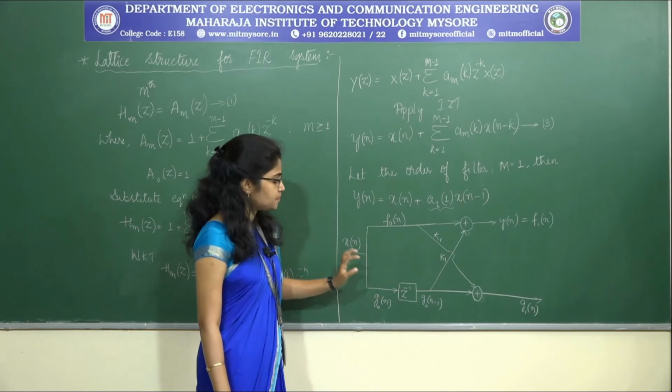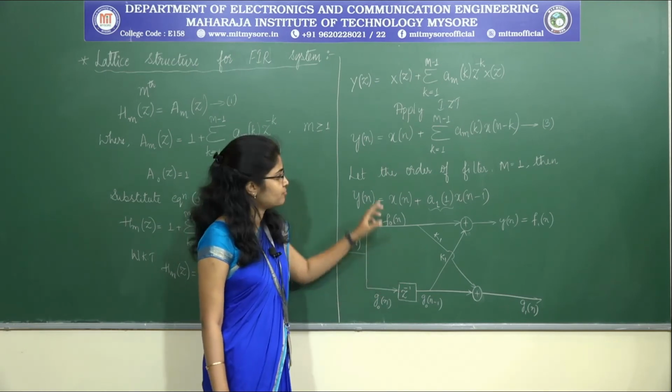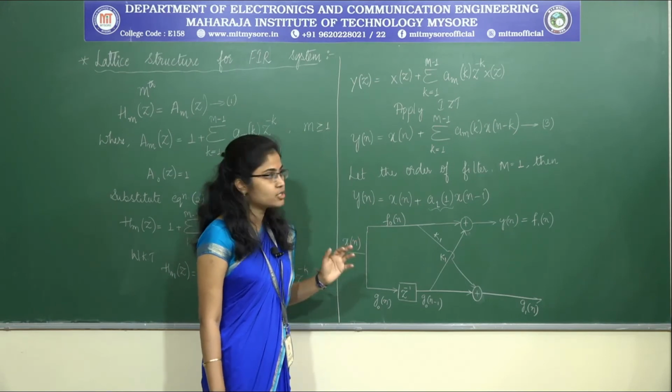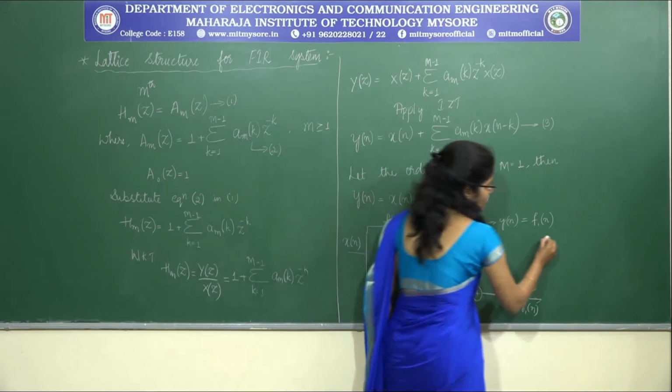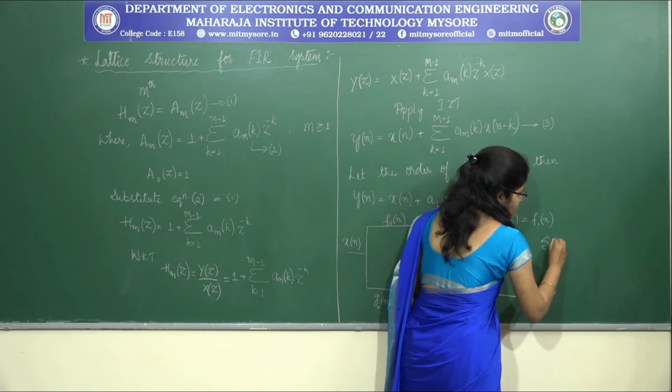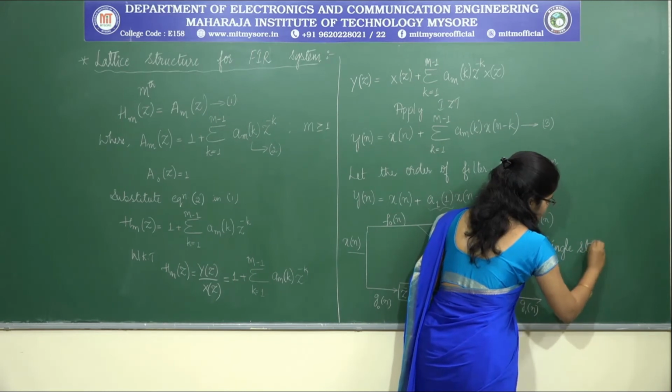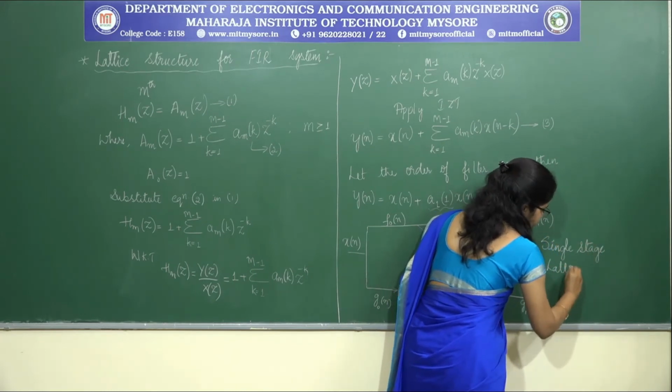So this is nothing but the lattice structure for the FIR filter when the order is 1. Now, similarly, let us check for order 2. This is the structure for single stage lattice structure.